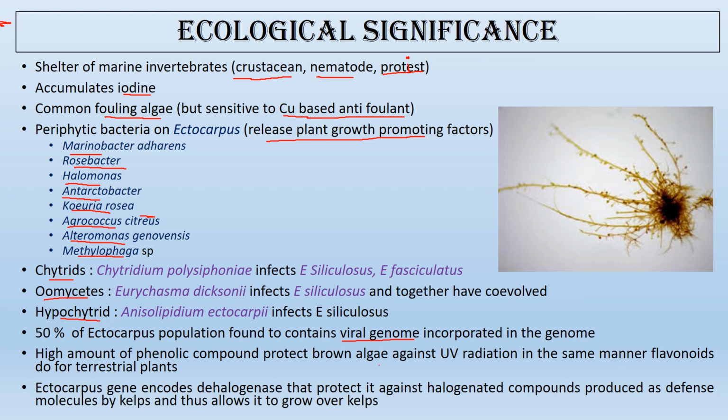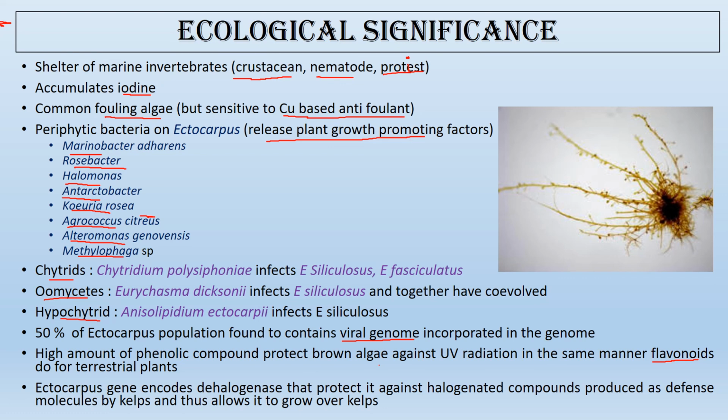And Ectocarpus, in order to protect itself from UV radiation, produces many flavonoids. And we know that humans have been extracting various forms of flavonoids from different plants as well as algae. So this flavonoid production is all by Ectocarpus.